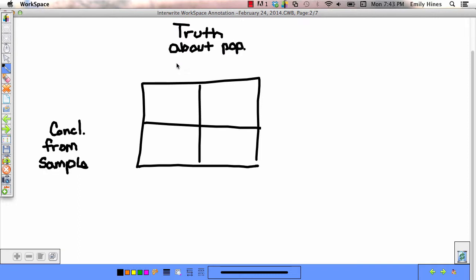I can either know that the null is true or the null is false, which would make the alternative true. And here we can either conclude to reject the null or fail to reject the null.